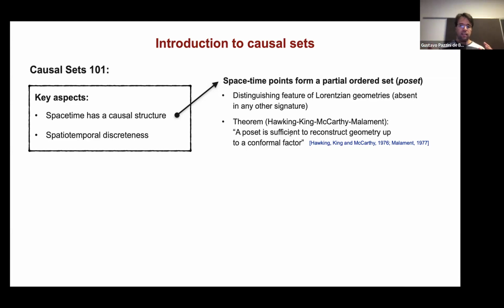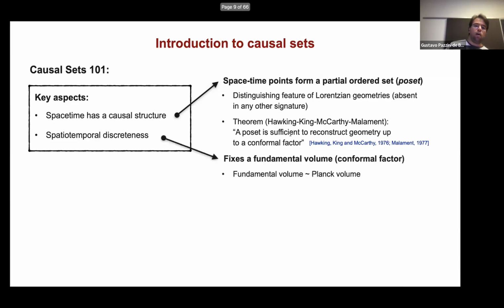This basically means that once you fix the causal structure of your space-time, you can reconstruct all the geometrical information apart from a conformal factor. In other words, if you have 2 geometries that share the same causal structure and are related by a conformal transformation, then they are essentially equivalent in this language.